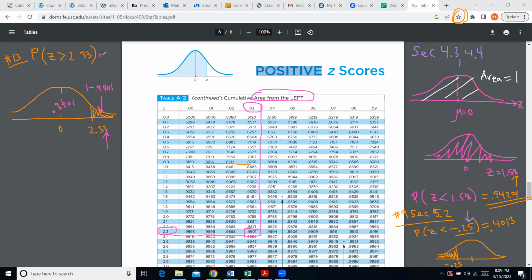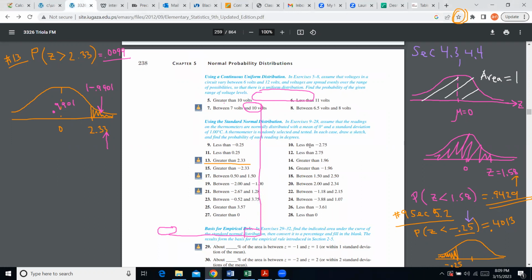So as we used formulas for the complement, for the opposites, we subtract from 1, and it looks like the answer is going to be 0.0099. You can check it with a calculator if you want. So on the other side, on the right side, I can use the same tables, but then subtract numbers from 1. Interesting, right?